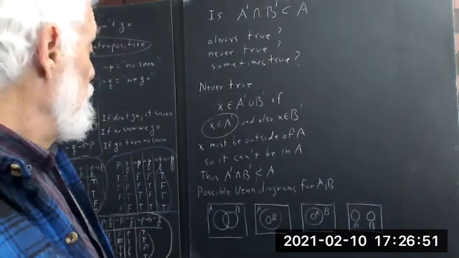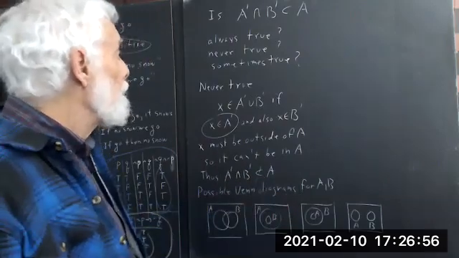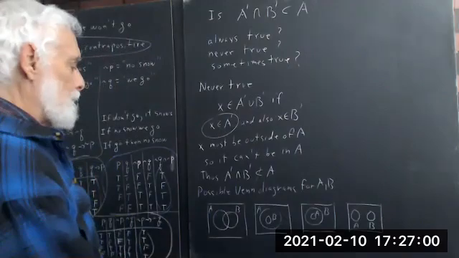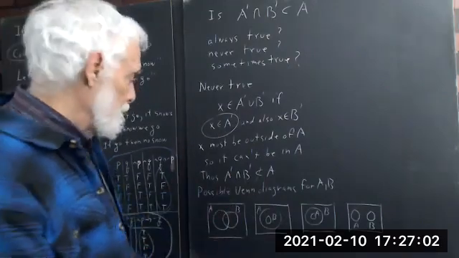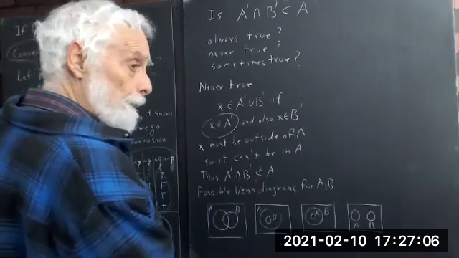Now, in this case, what's A prime intersection B prime? Well, I'm not going to go through a lot of detail here, but A intersection B is here.